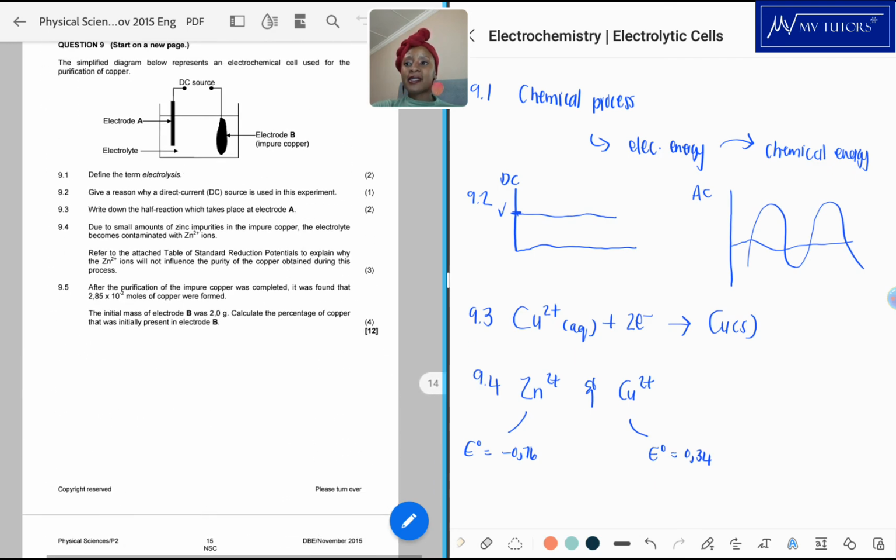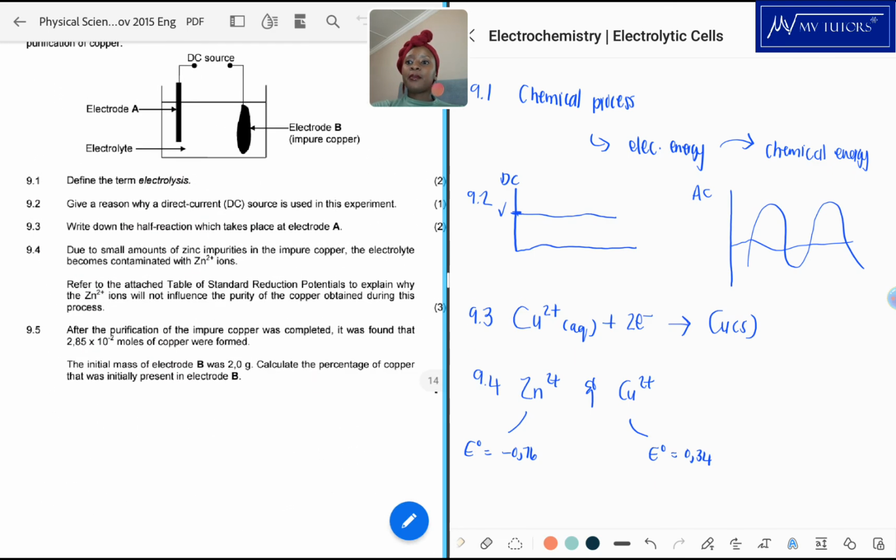You look at your table, you compare the positions of it, and by so doing you say that copper has a high, I don't want to say reducing ability, but it would reduce way more than zinc would, so it has a high reduction.